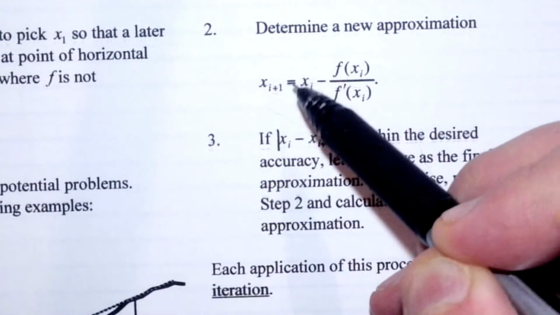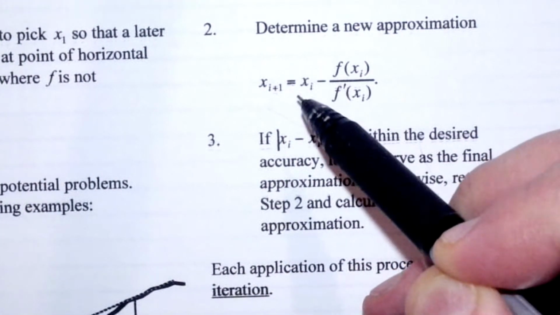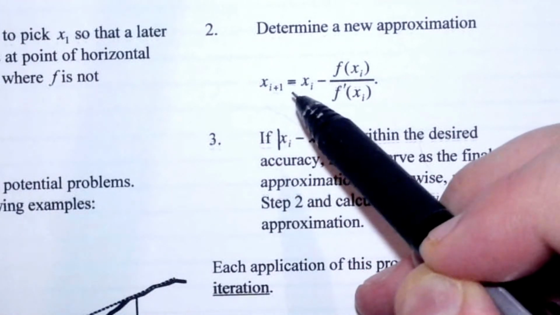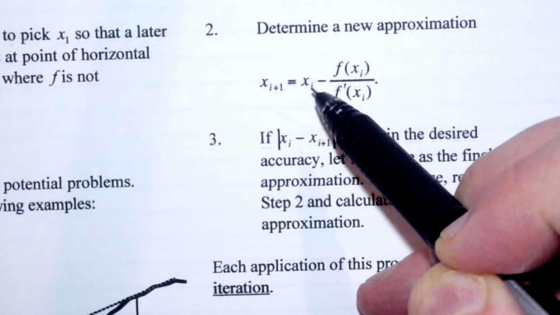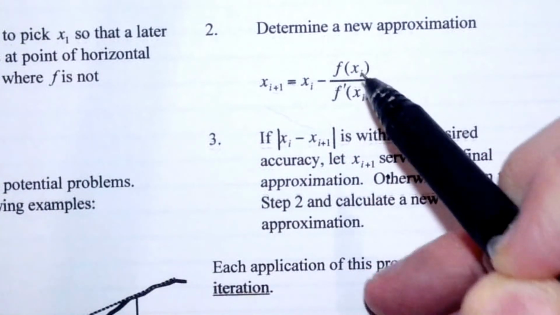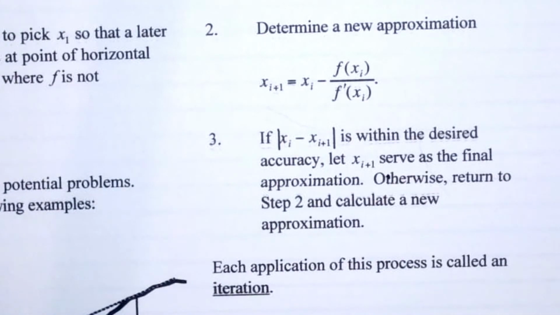So this is the ith approximation, and then to find the next one, x sub i plus 1, you take the last one that you found and you subtract off f of xi divided by f prime of xi.